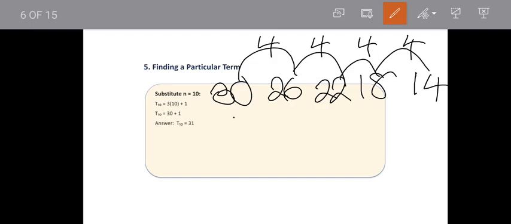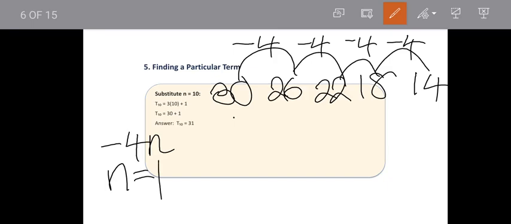But to go from 30 to 26, we remove 4. To go from 26 to 22, we also remove 4. To go from 22 to 18, we remove 4. From 18 to 14, we remove 4. So the difference is a 4. So now we know that we are starting with negative 4n. So what about if n is equal to 1?